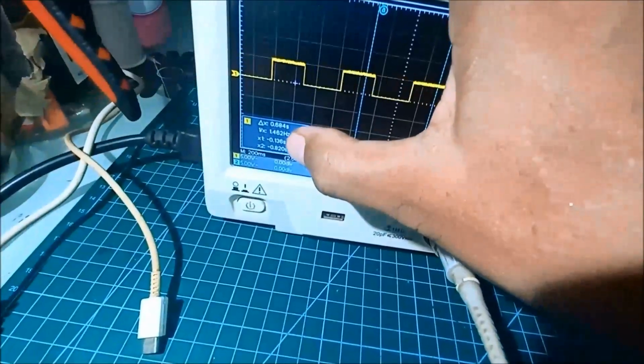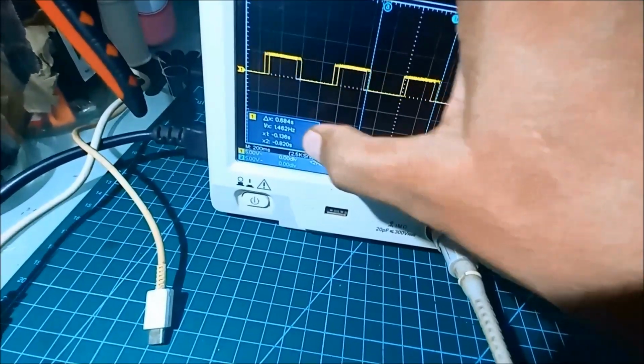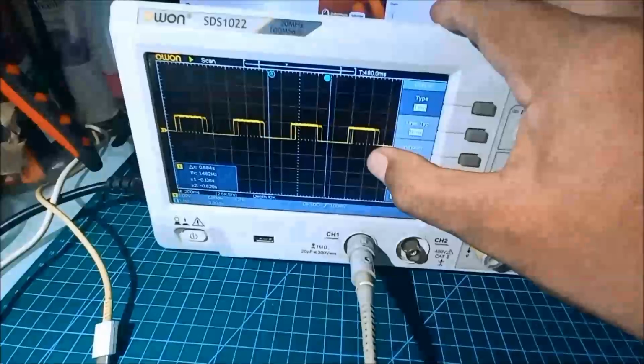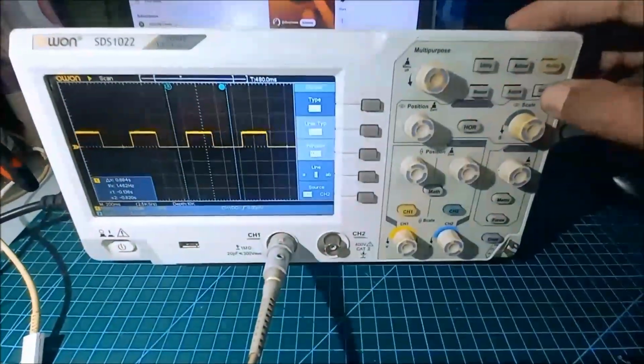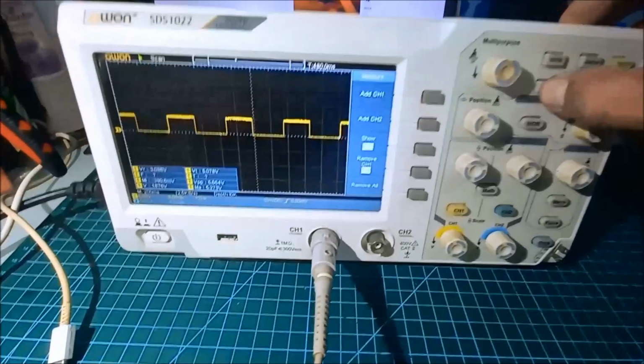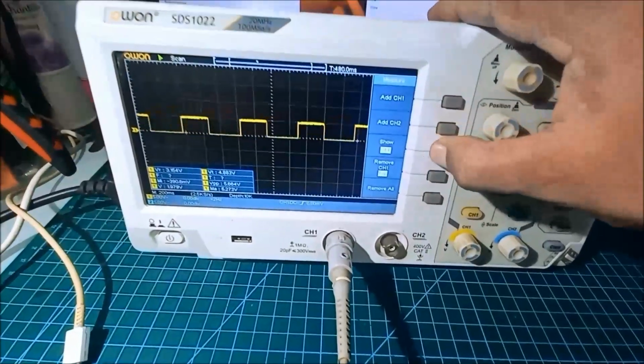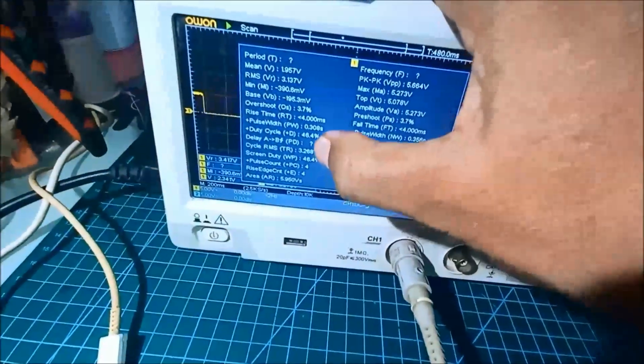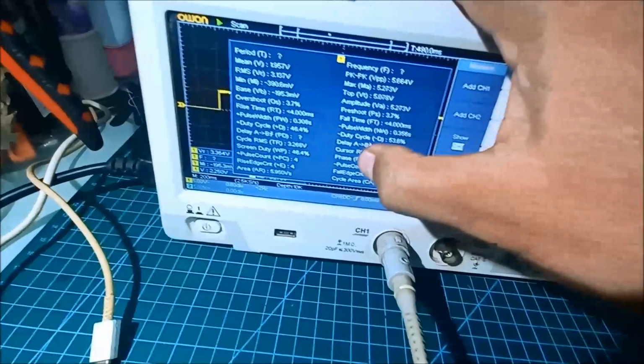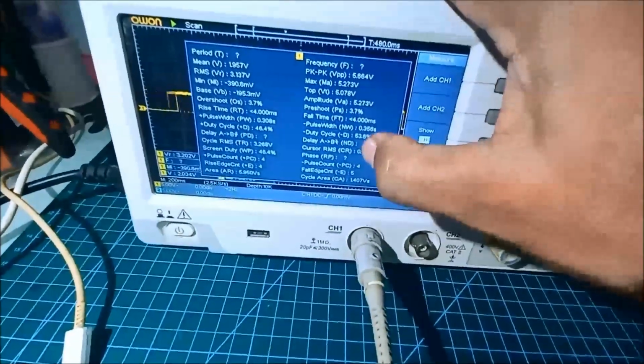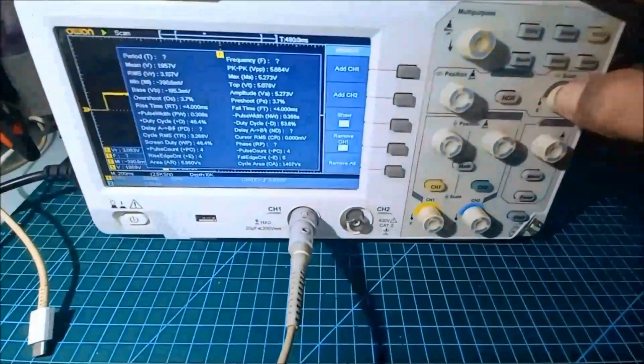It's 1.462 Hertz. Okay, duty cycle 46.4%, and then the other one is 53.6%.